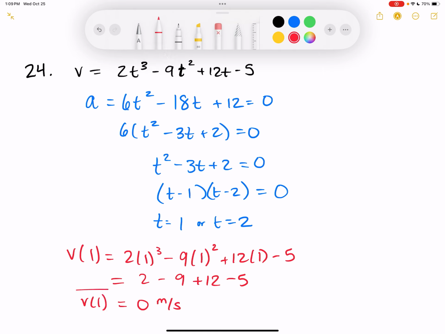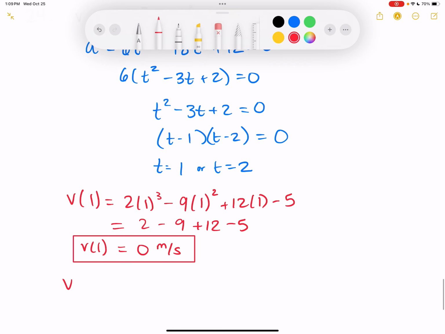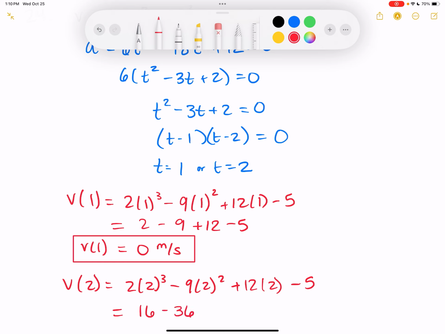So at t equals 1, it's 0 meters per second. And for the other one, we do the same thing with v of 2: 2 times 2 cubed minus 9 times 2 squared plus 12 times 2 minus 5. So we've got 16 minus 36 plus 24 minus 5.